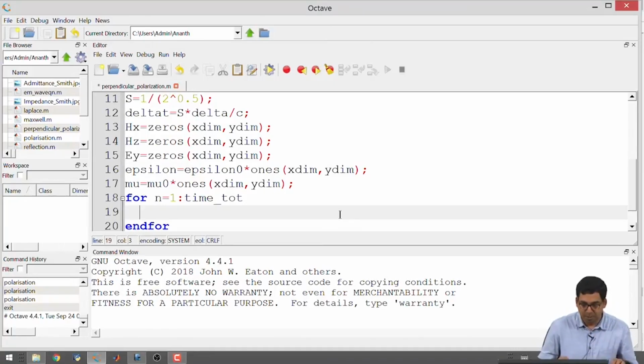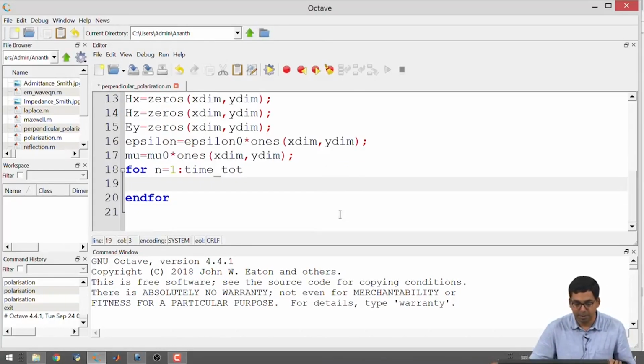So, now I have a time loop and then inside this I need to have some updates for all points in space.